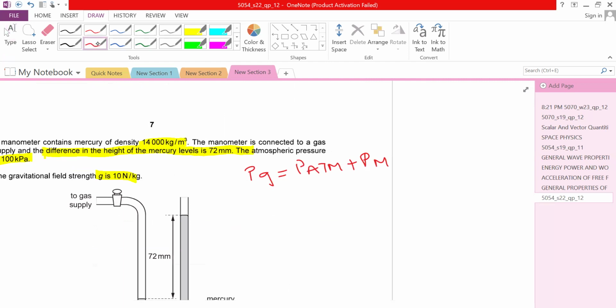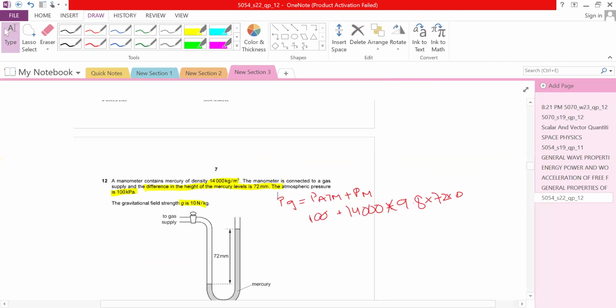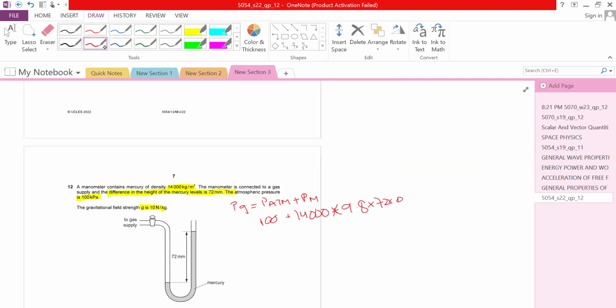Then the atmospheric pressure is given, 100 pascals, plus the density 14,000 into 9.8 into 72 into 10 power minus 3. You have to put this value in the calculator.